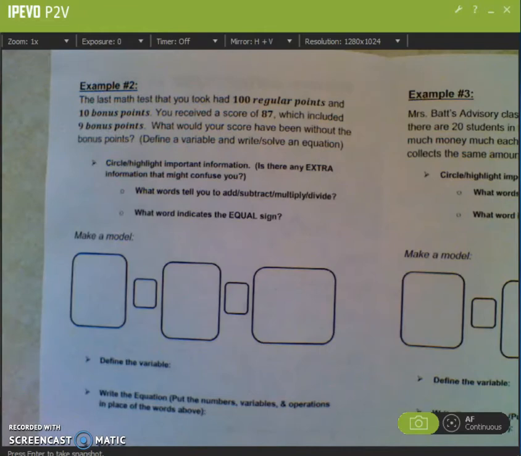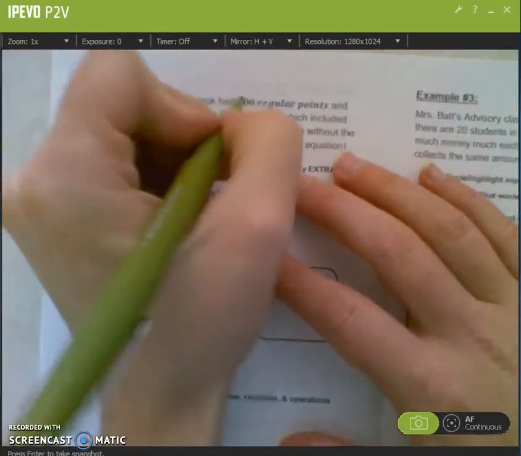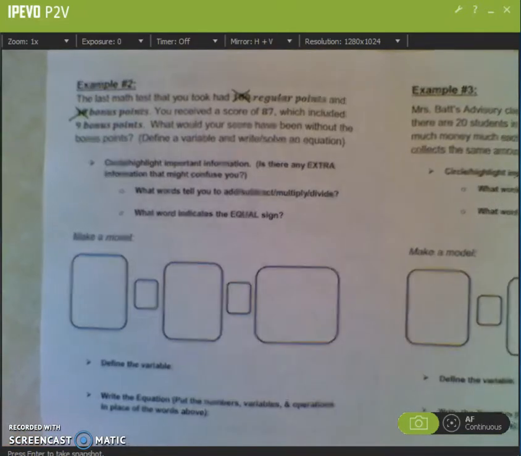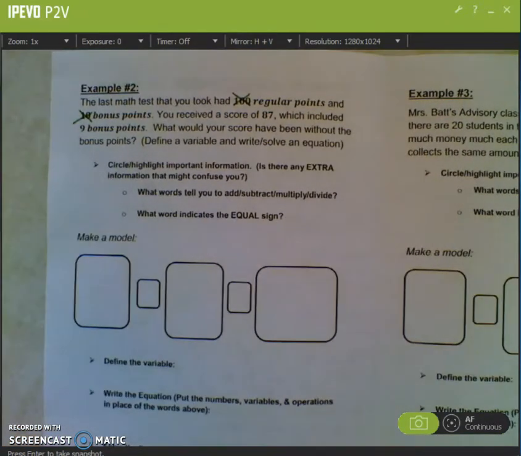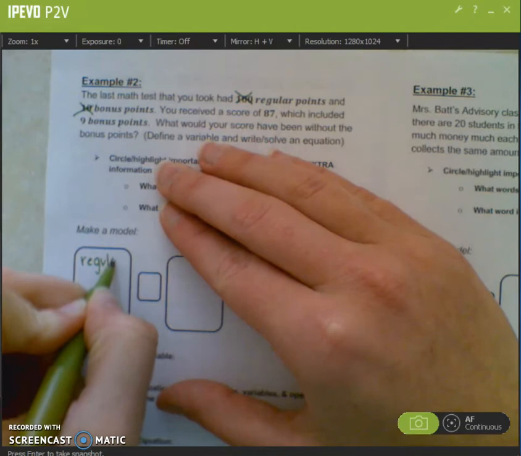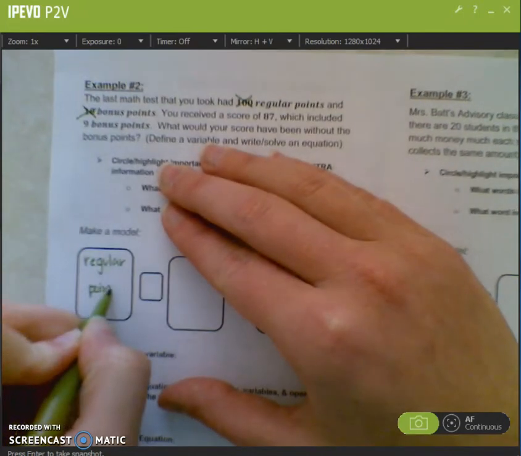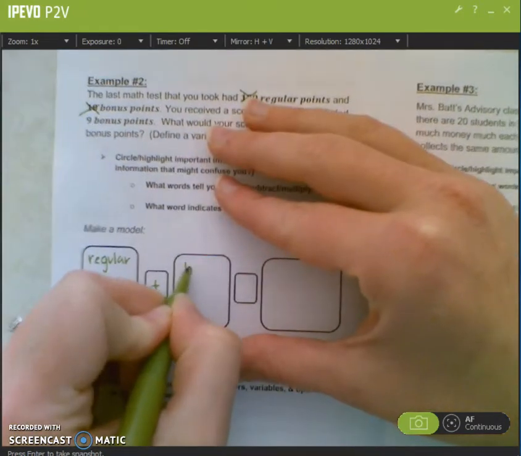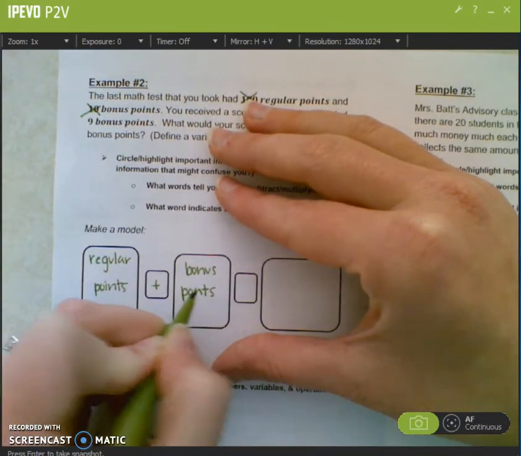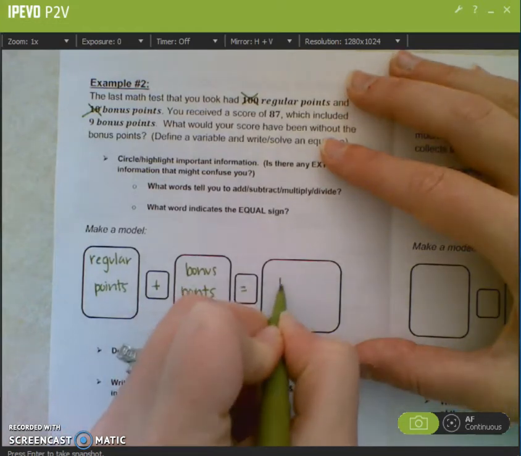We don't actually, I think, need to know on the test how many points there were. If we're just talking about your score and what you received, we don't need to know that. We just are looking for how many points did you earn without bonus, so how many regular points did you earn, plus your bonus points is equal to your total score.